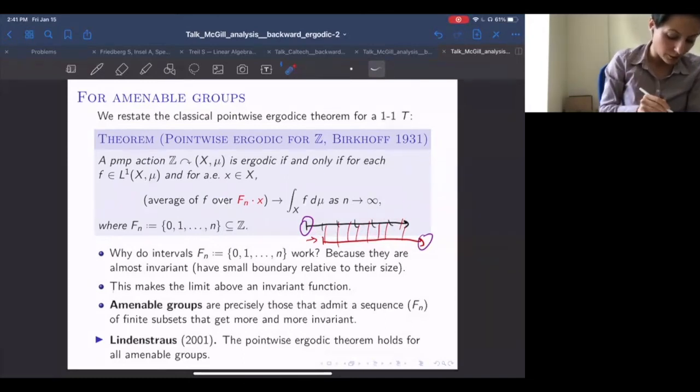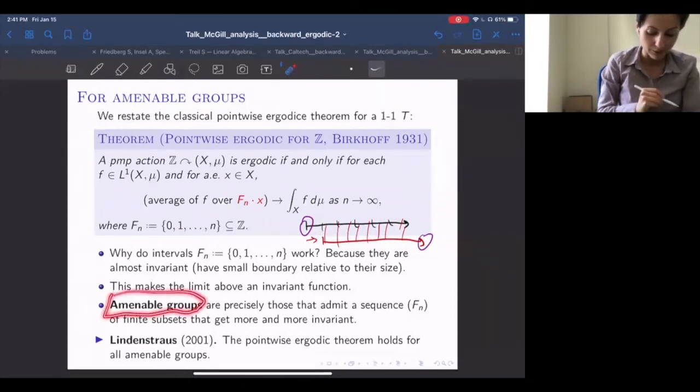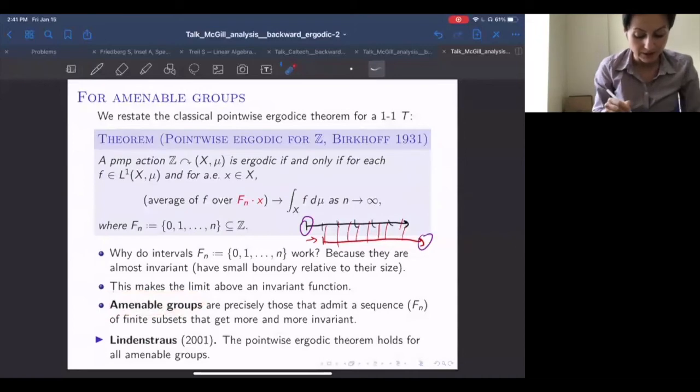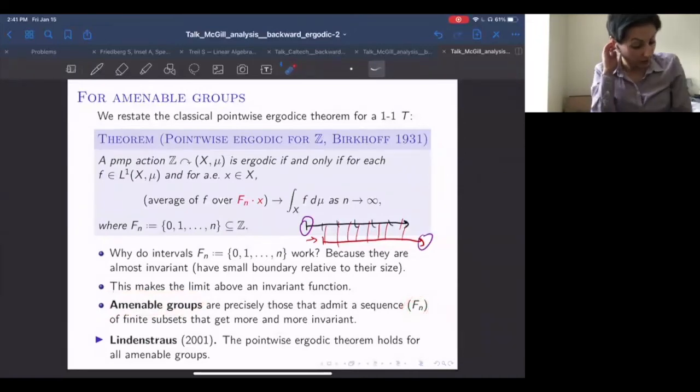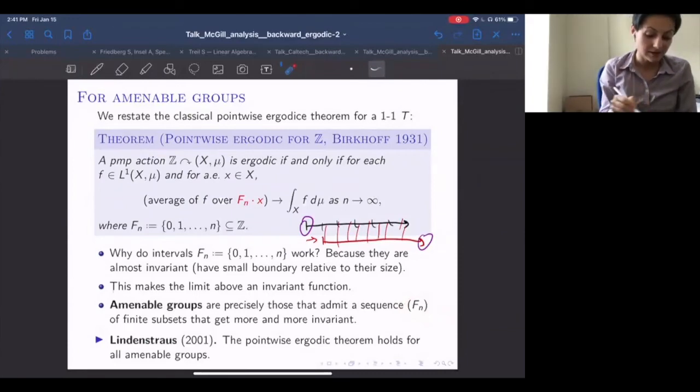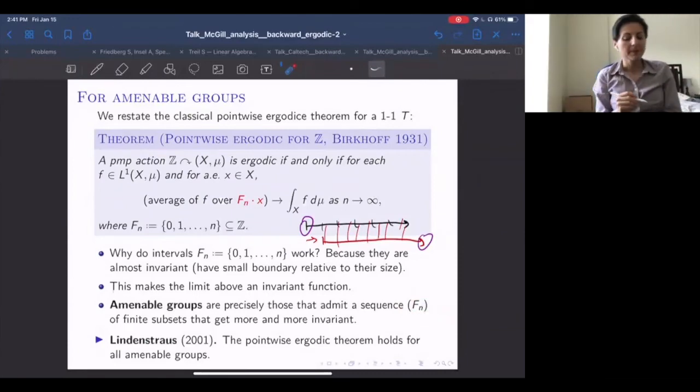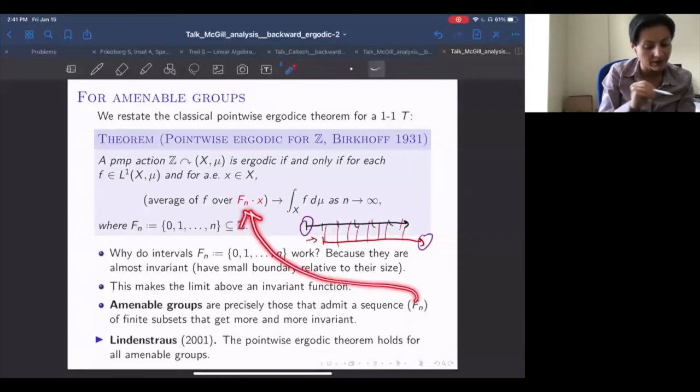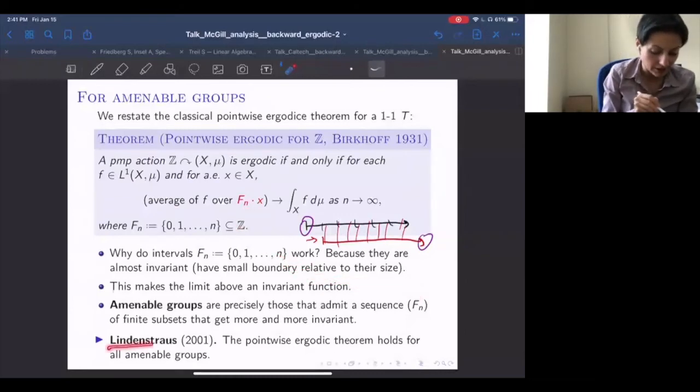And these groups are precisely called amenable groups. These are precisely the groups that admit a sequence of finite sets Fn, called Følner sets. And these Følner sets become, in a precise way, more and more invariant. And so you can use these Følner sets to get a theorem here, which is what Lindenstrauss did.